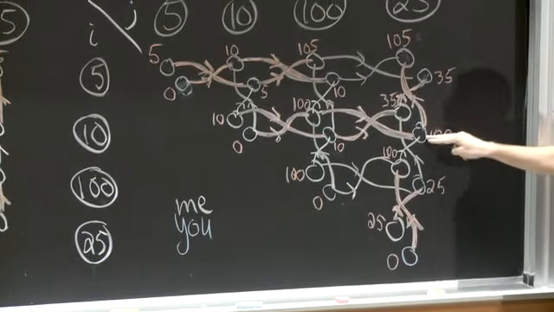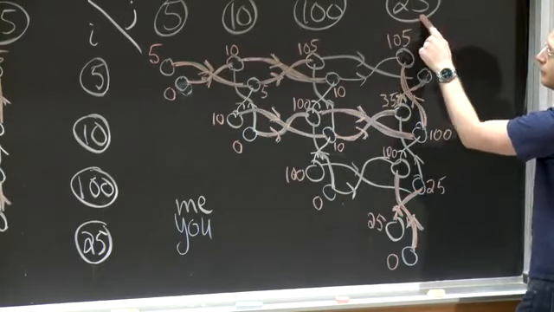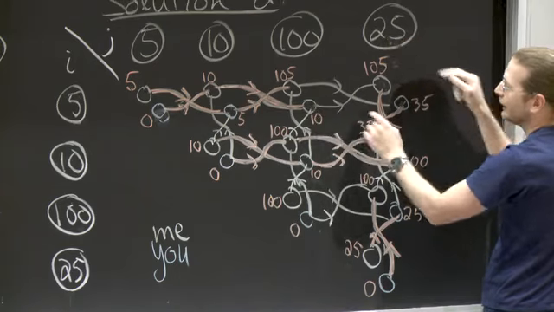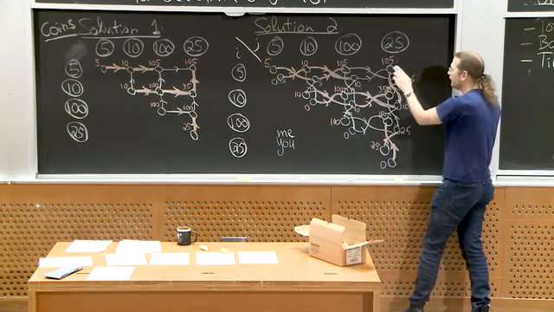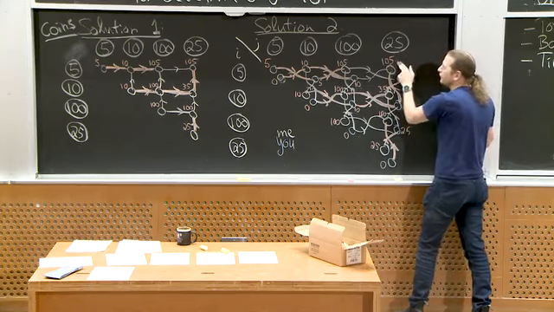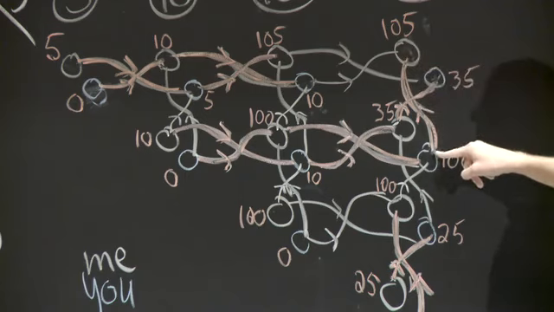Because going down corresponds to removing the last item. If I went to the left, that corresponds to removing the first item. So my options are 10 plus 25, which is 35, versus 100 plus 5, 105 wins. So that's why there's a red edge here showing that was my better choice.